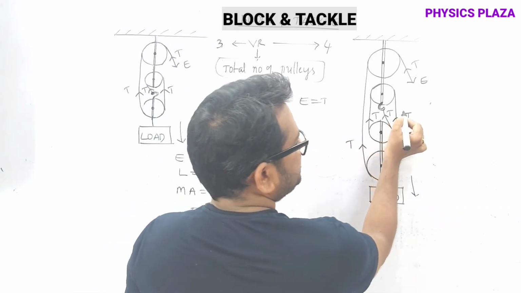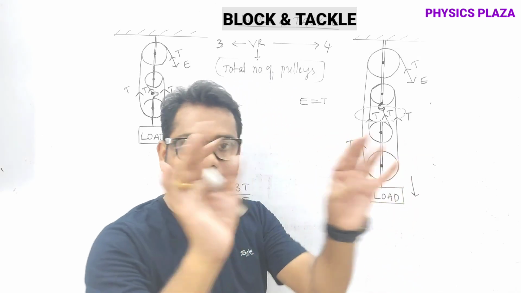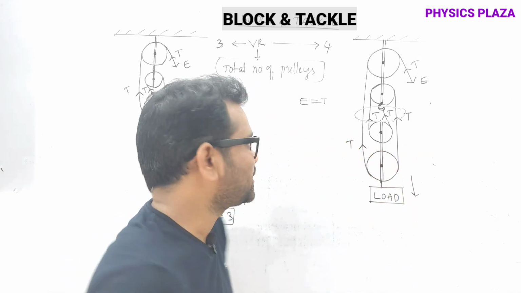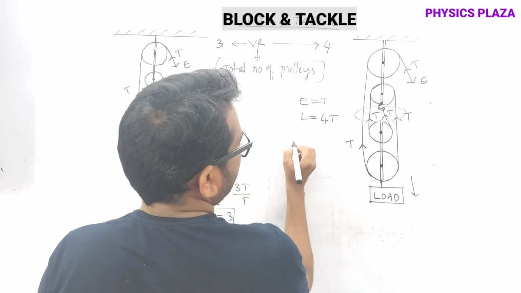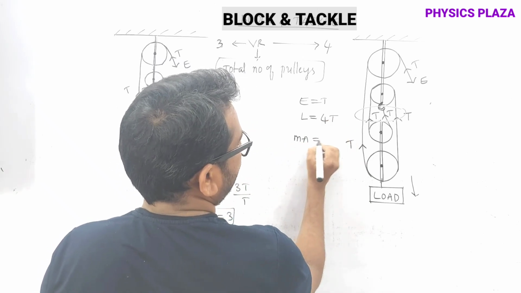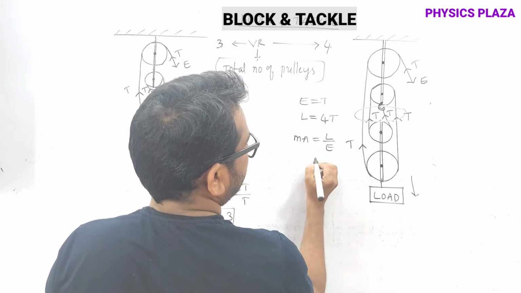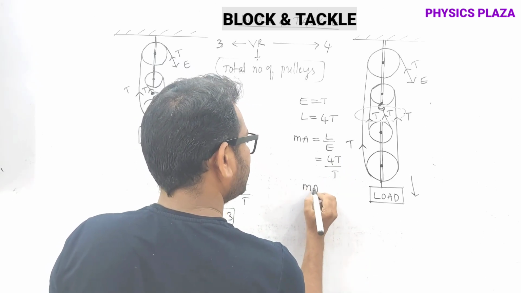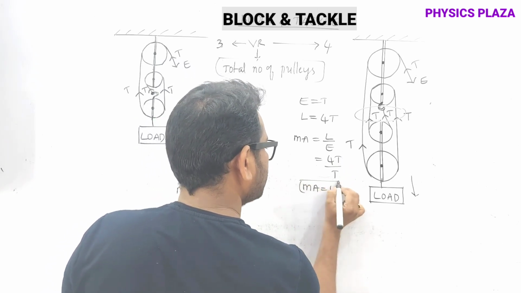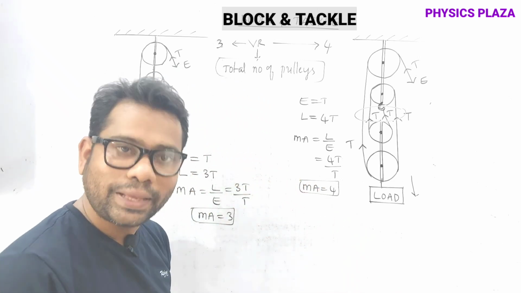How many segments will be there? 4 are there. It's 4T. You can remember it like that also. So load is equal to 4T. Mechanical advantage is load by effort, which is 4T by T. So mechanical advantage is equal to 4. Am I clear?